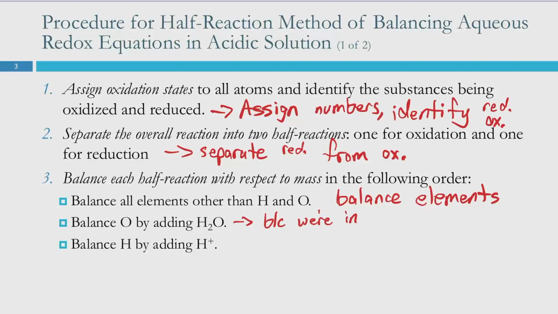Because we're in aqueous solution, there's an unbelievable amount of water already around. It's all over the place, so we can just invoke, hey, there's some water around, it probably participates, and that would balance out the oxygens. We can then balance the hydrogens by adding H+, and this is because we are in acidic solution.